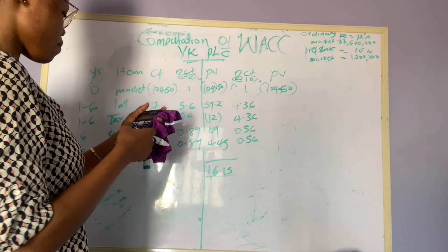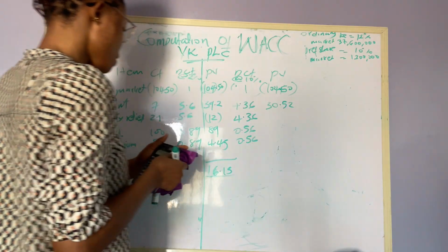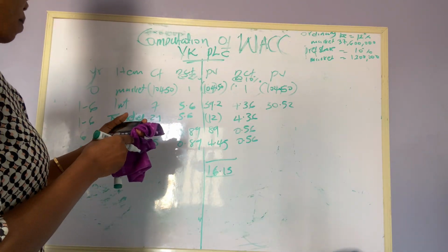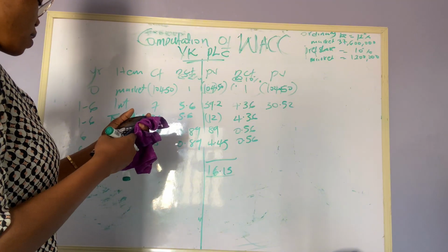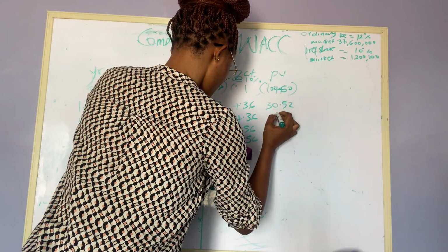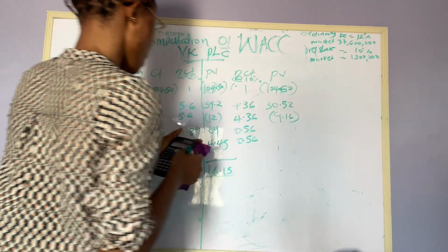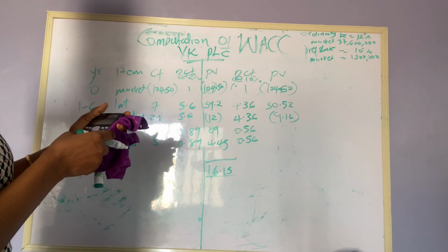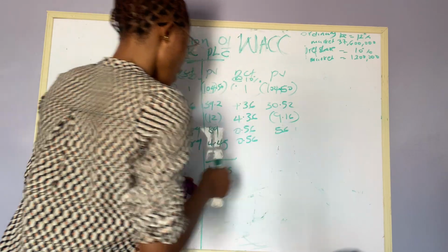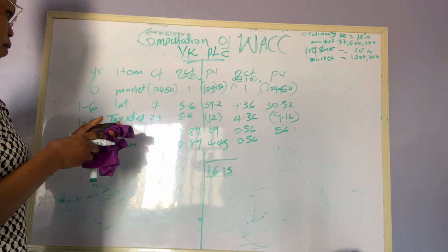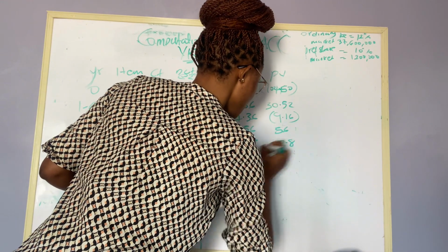4.36 times 7 gives 30.52, and 2.1 times 4.36 gives 9.16. Then 100 times 0.56 gives 56, and 5 times 0.56 gives 2.8.